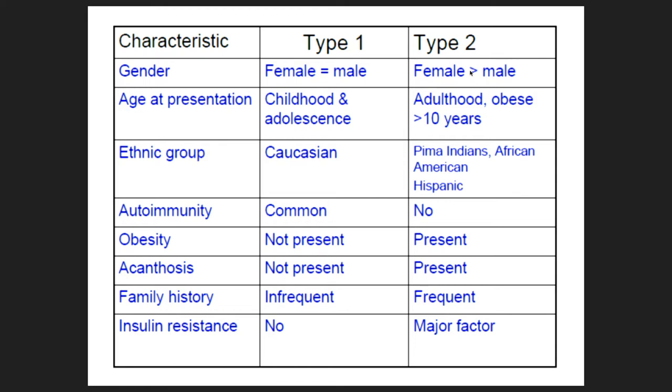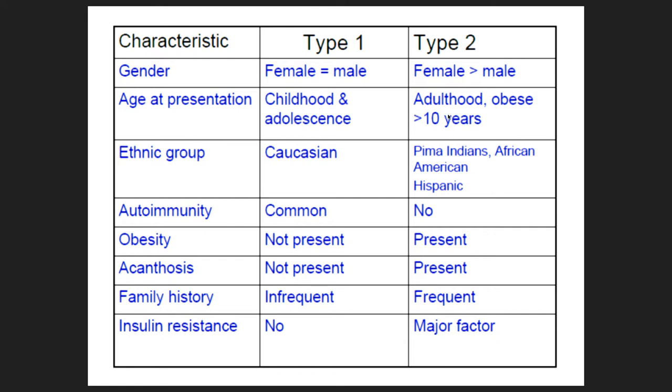That's why females are more susceptible to type 2 diabetes rather than males. Age of presentation: type 1 diabetes is not only for children and adolescents. Type 1 diabetes could happen in those not children or adolescents up to the age of late 30s and early 40s, provided that they are not obese.